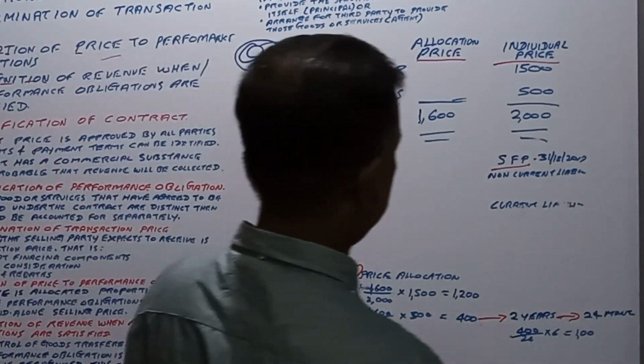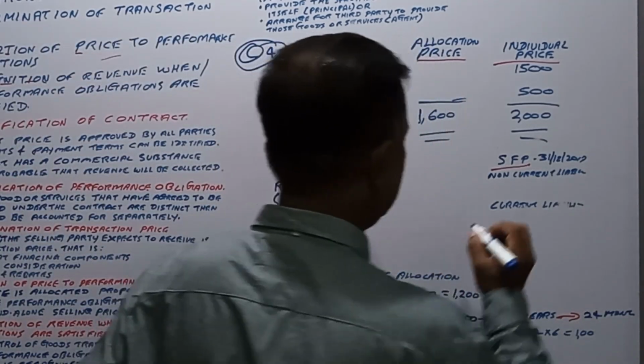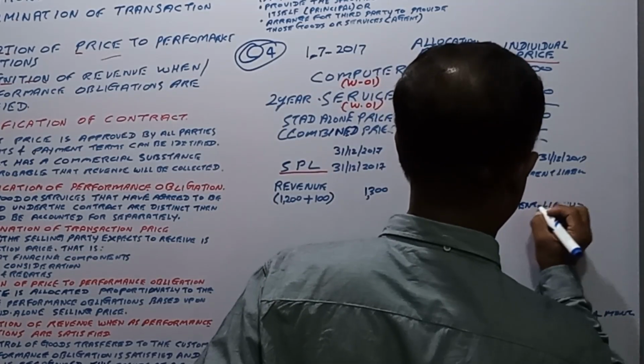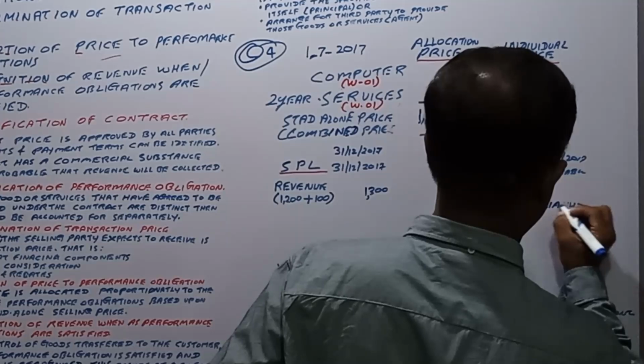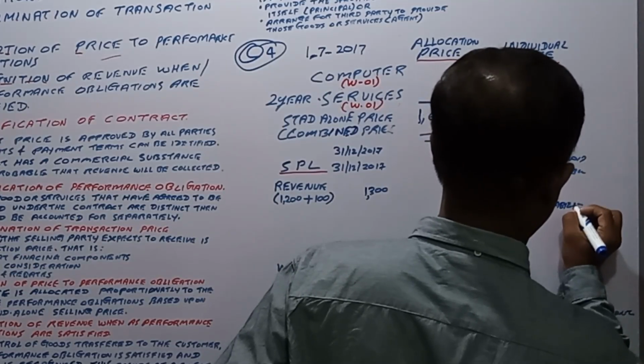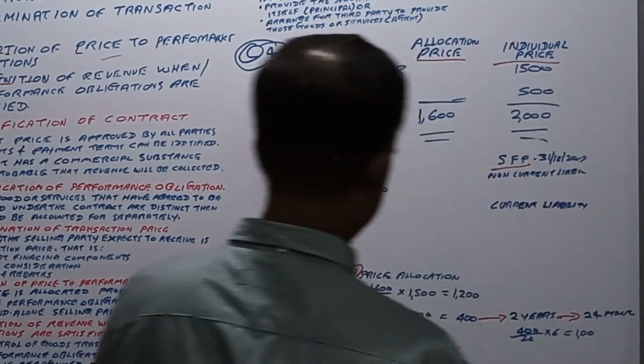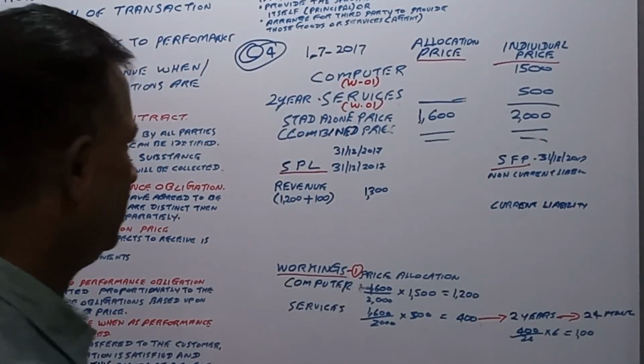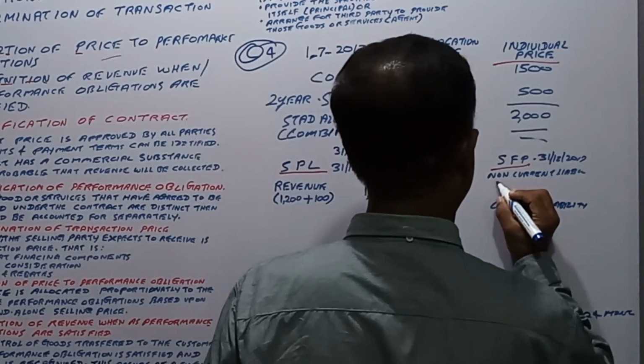Under non current liability and current liability, we have deferred income.